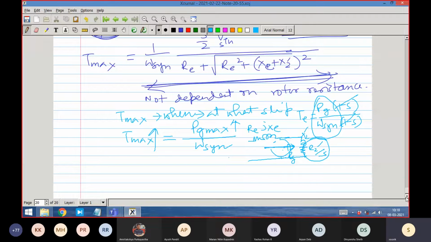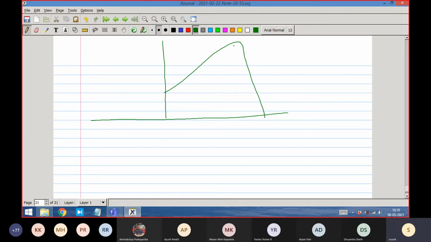Let me take a page. So one characteristic is this, and this is the peak torque, T max. By looking at the torque expression, what is the torque expression?